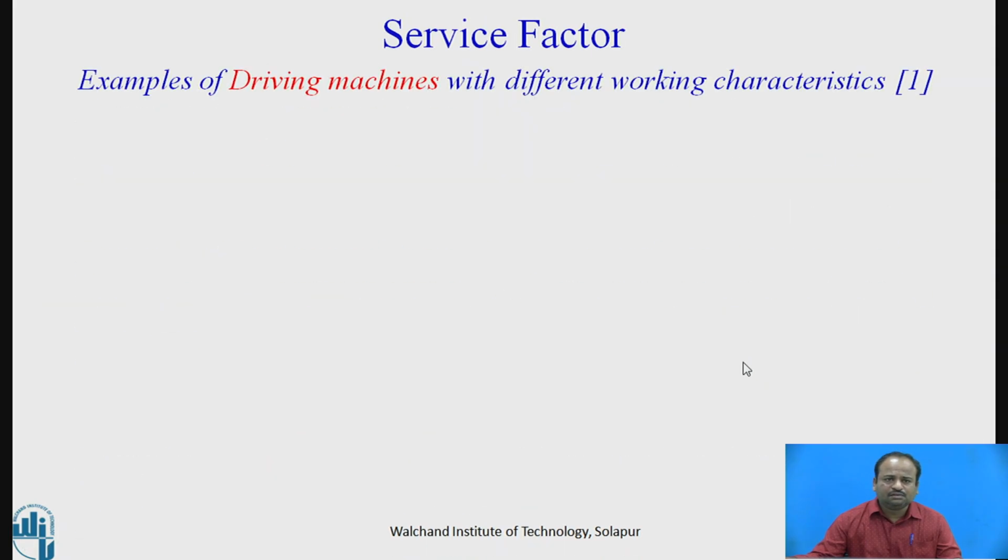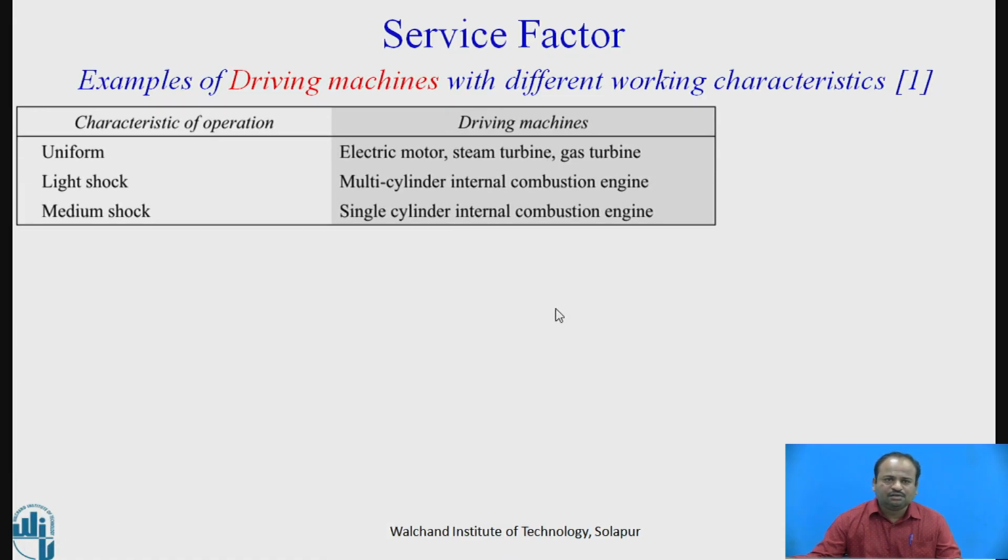Then the service factor, with examples of driving machines with different working characteristics. Here we can see the characteristics of operation: uniform, light shock, medium shock. Different examples of driving machines are given. An electric motor rotates uniformly, a steam turbine rotates uniformly, a gas turbine also rotates uniformly. A multi-cylinder internal combustion engine has some light shocks because of variable speed, and a single cylinder internal combustion engine gets the medium shock.